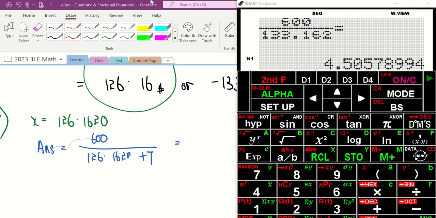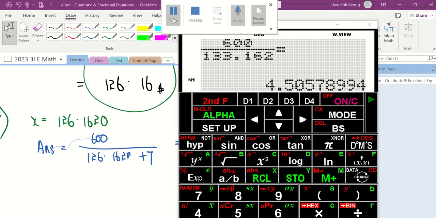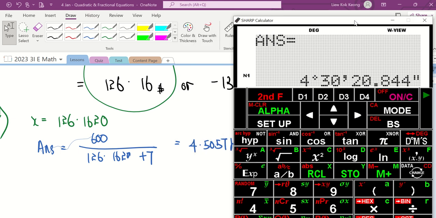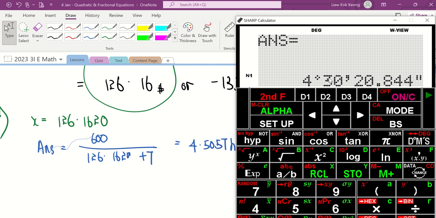There is a shortcut button. I can use this button on my right hand corner that says DMS, minutes and seconds. So with the answer that I've input in the calculator, I just need to use the shift function. You will see clearly 4 hours, 30 minutes and 20.844 seconds. So in this case, I'll round off to 4 hours, 30 minutes and 21 seconds.